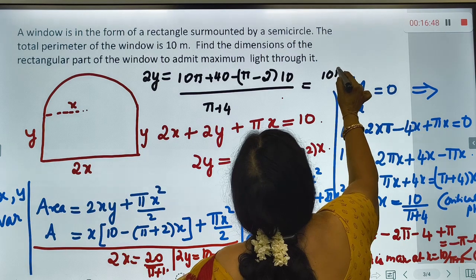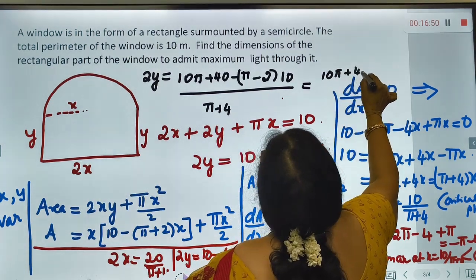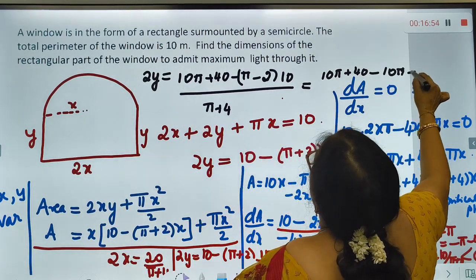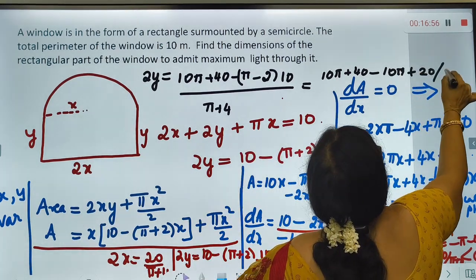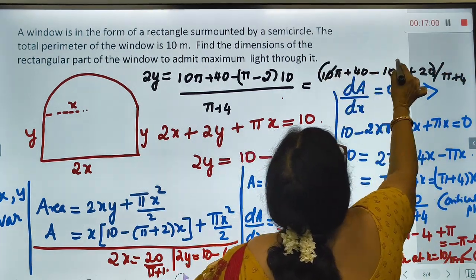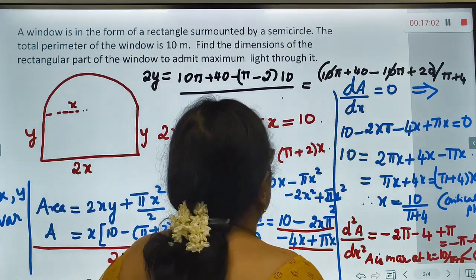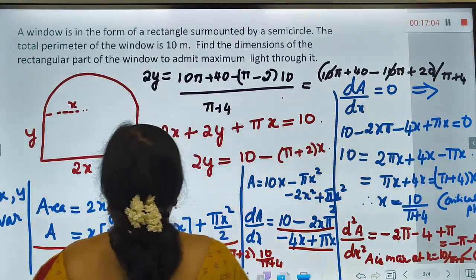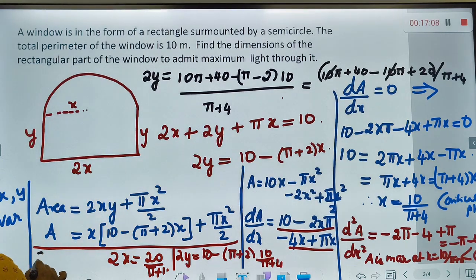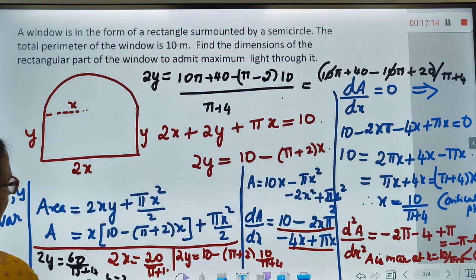This is 10 pi plus 40 minus 10 pi plus 20 by pi plus 4. So it gives you 60 by pi plus 4. So 2y equal to 60 by pi plus 4, and y equal to 30 by pi plus 4.